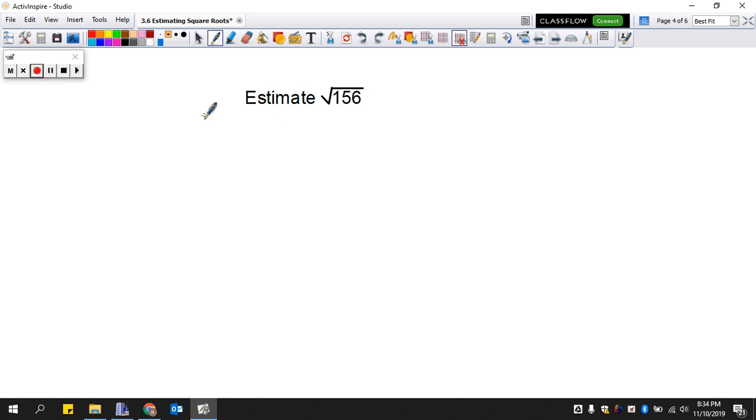Okay, estimate the square root of 156. Let's see here. 12 squared is 144, and 13 squared is 169. This is one of the ones that you copied down today.